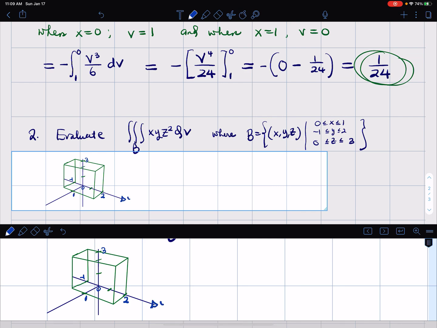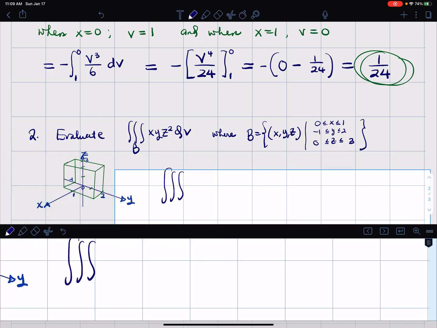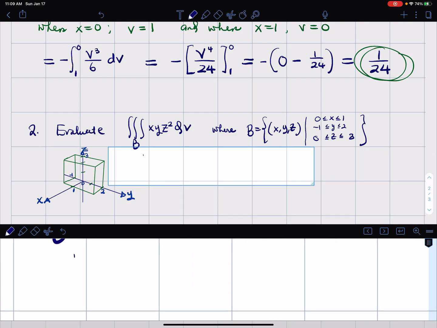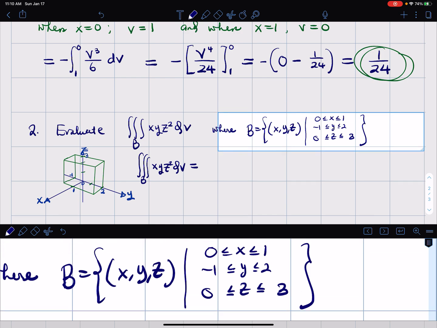This is your y-axis, your x-axis, and this is your z-axis. Okay, so this problem is actually easier than the first one. I'm sure you can tell. So the integral of xyz squared dV becomes, in this case, all the limits of integration are constants.